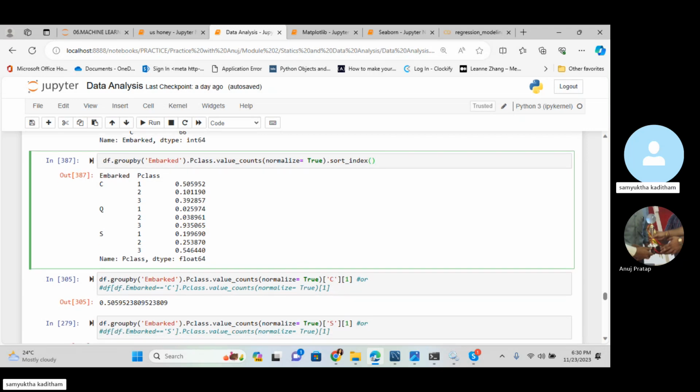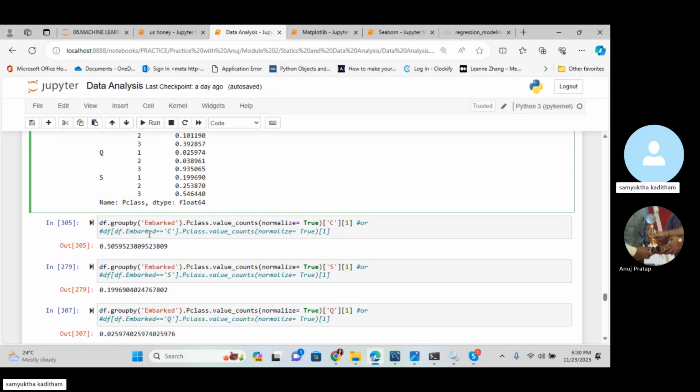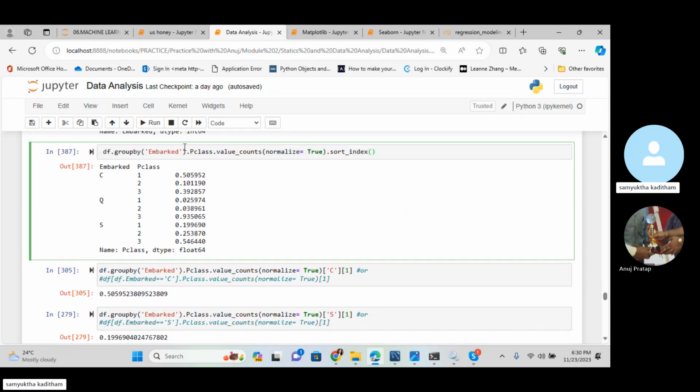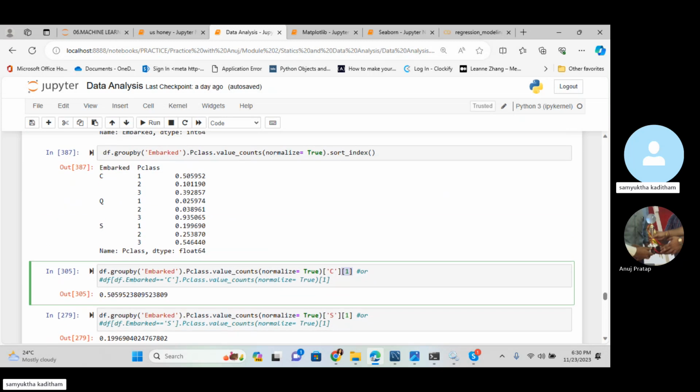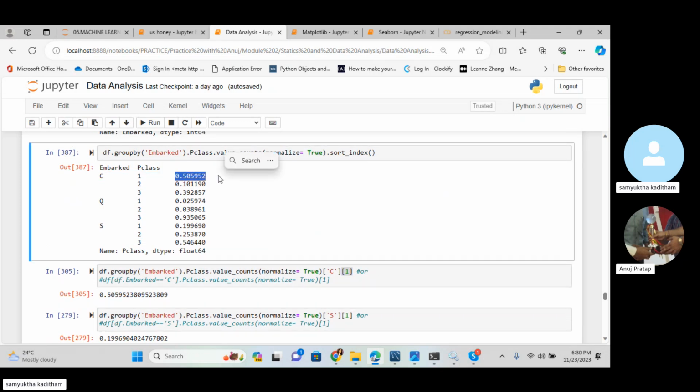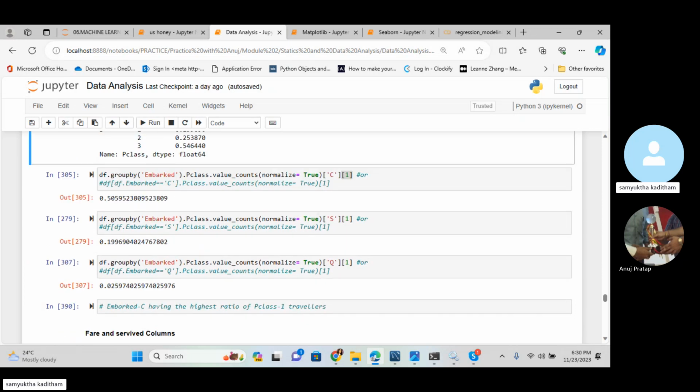We separated the percentages. We selected in this index and in this subcategory, and in this same code we selected C. In that C, class one, it gives this one, so this is 50% people.